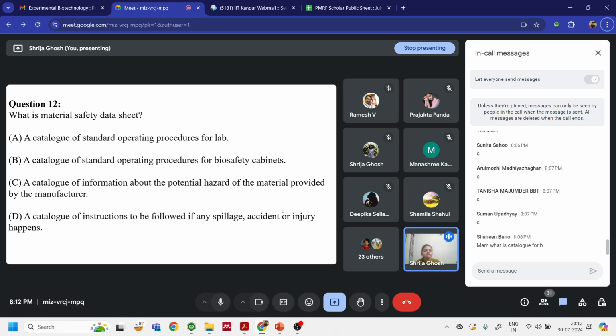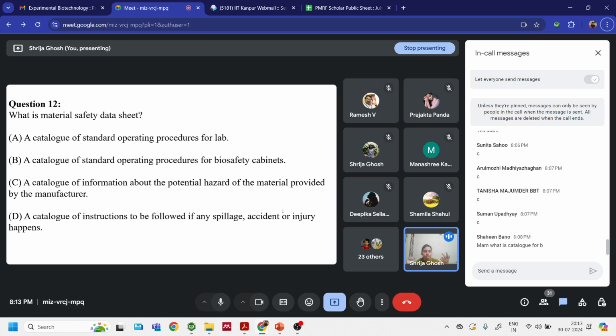After the class, I would suggest you go to any common chemical website and check for any chemical's name. You will see MSDS attached with each chemical, and you can see how it is written. It will have details like whether the chemical is toxic, non-toxic, an irritant, or corrosive.